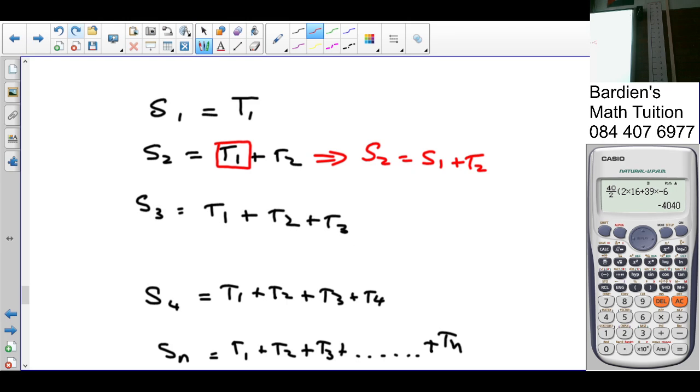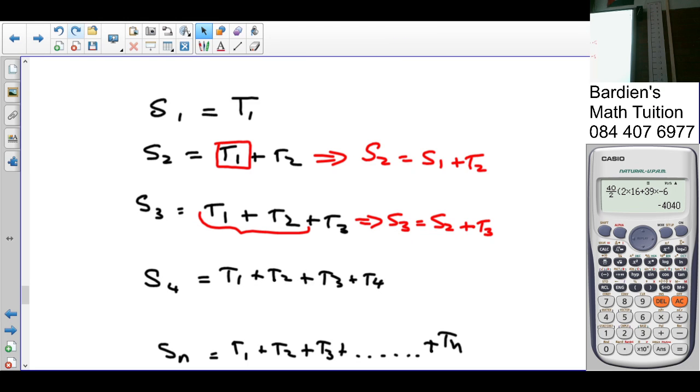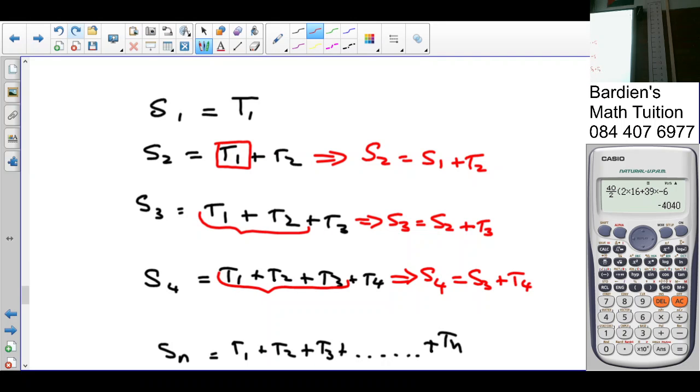T1 and T2 is what? S2. Which implies S3 is equal to S2 plus T3. Look at the next one. So this is going to be S4 is equal to S3 plus T4.